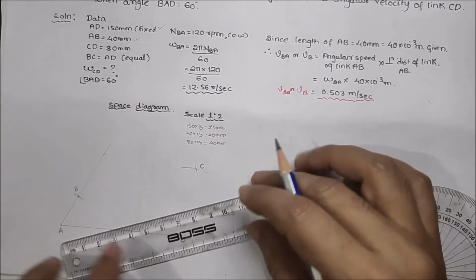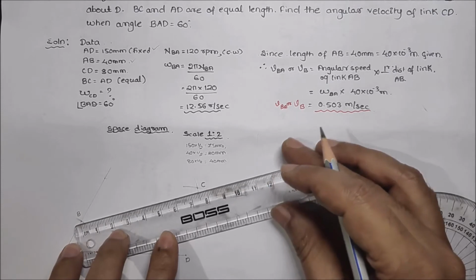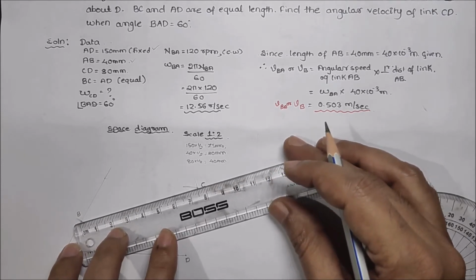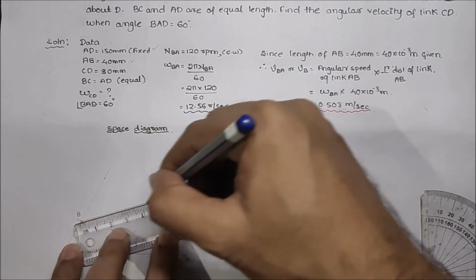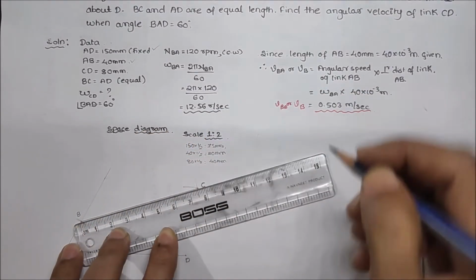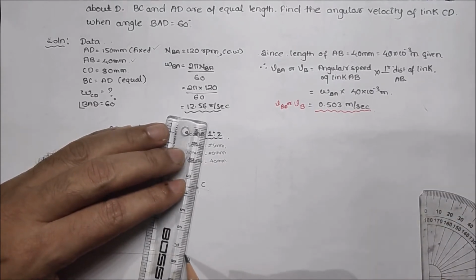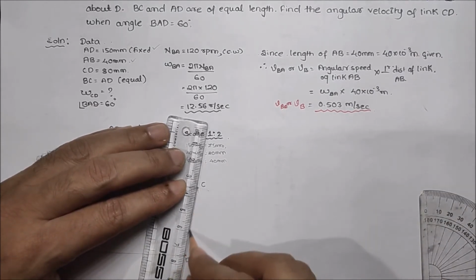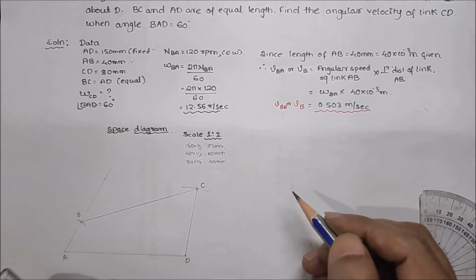Then join the line between point B and C. Then join the line between the point C and D. Okay, this is your 4-bar mechanism.